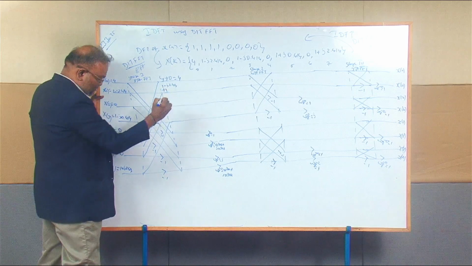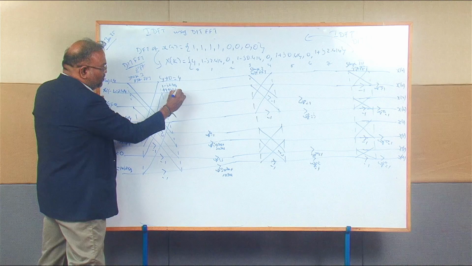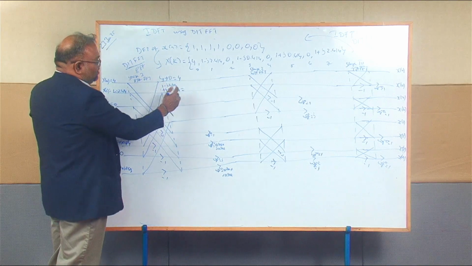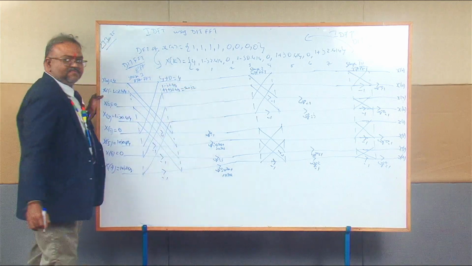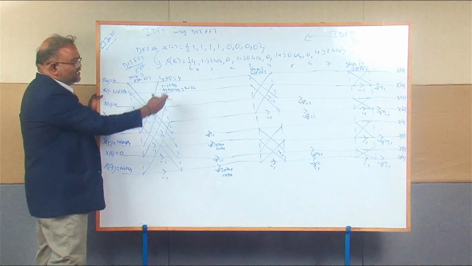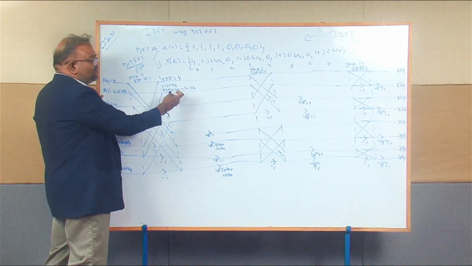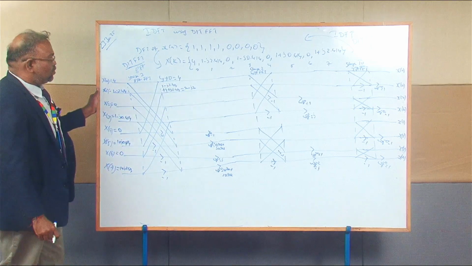So, plus 1 plus j0.414 equals 2 minus j2. Because it is minus j2.414 plus j0.414, you can directly add it and you will get the answer minus j2 here.